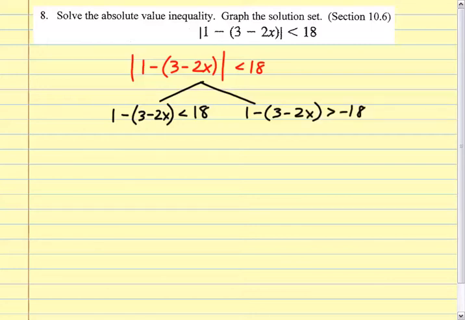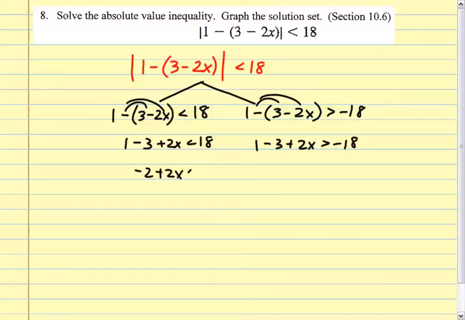Well, the first thing I have to do is distribute this negative. 1 minus 3 plus 2x is less than 18. 1 minus 3 plus 2x is greater than negative 18. Let me put these two together. Negative 2 plus 2x is less than 18.